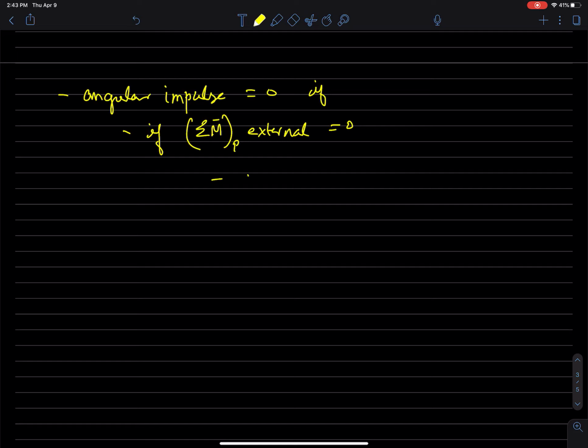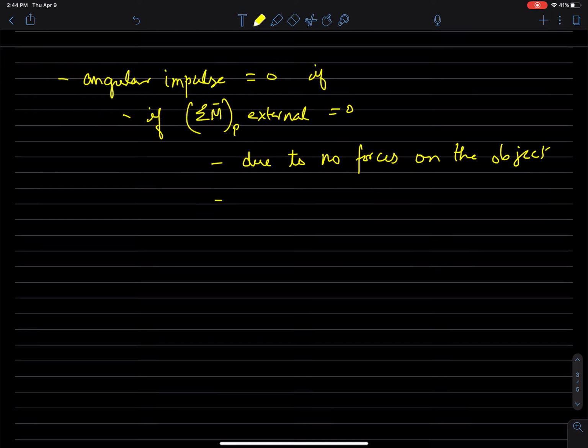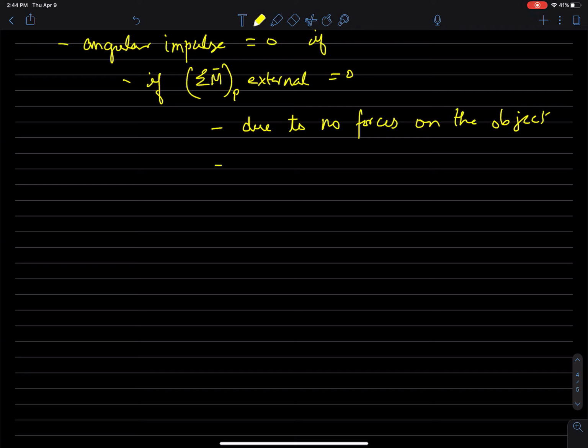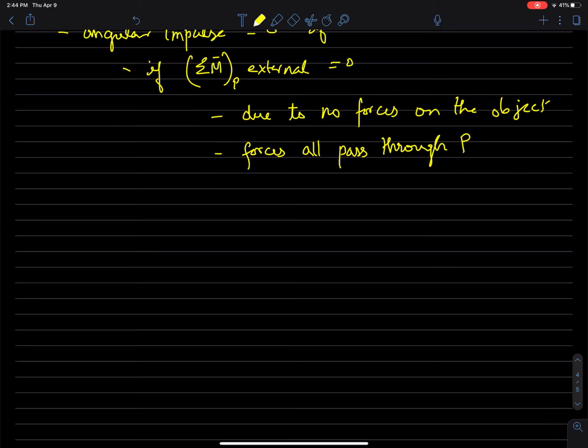So sum of all moments can be 0 if due to forces, no forces on the object, or just forces all pass through point P about which you're taking moments.